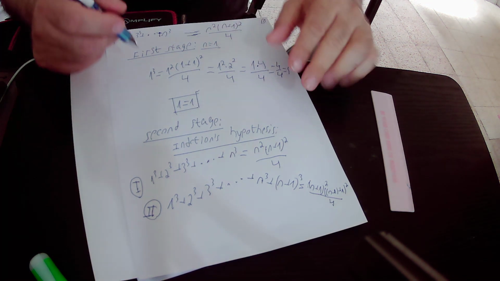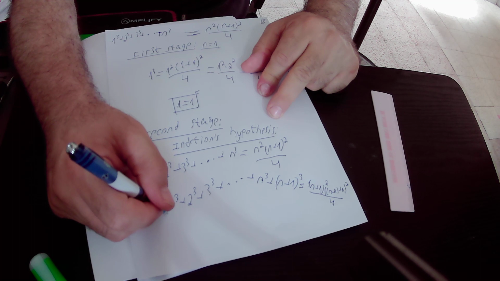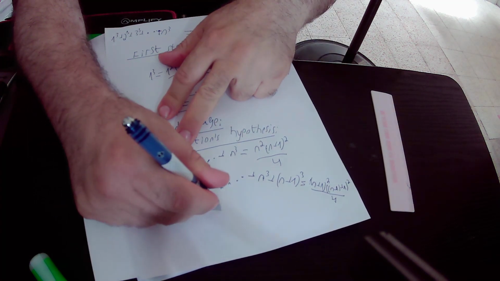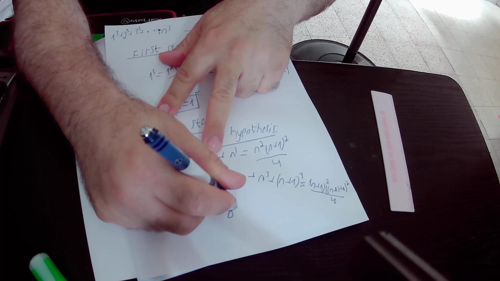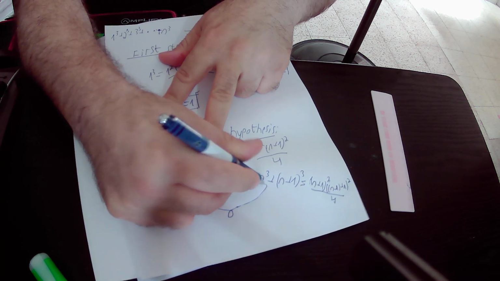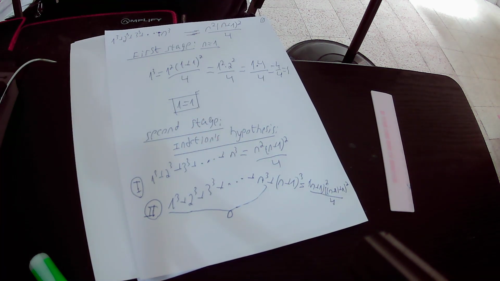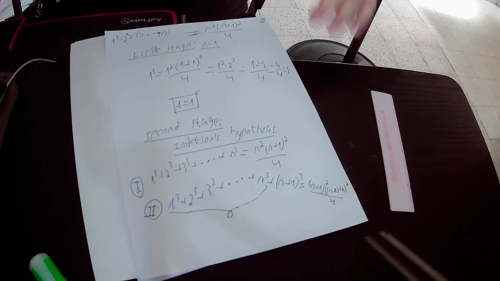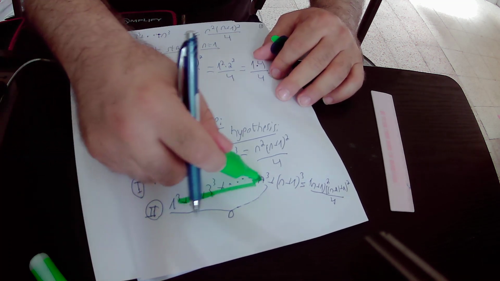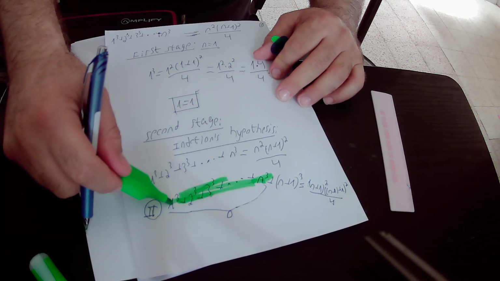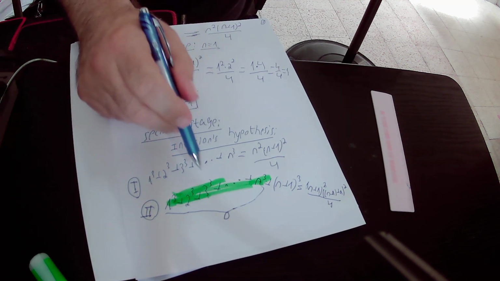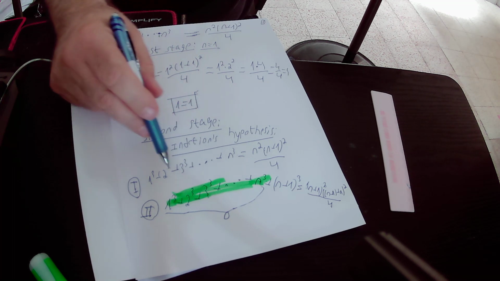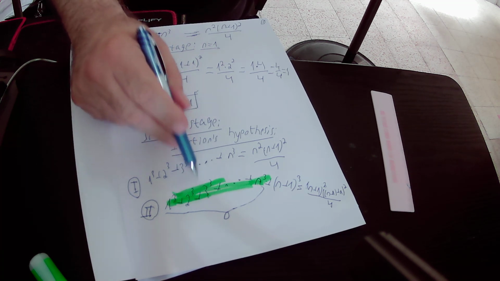So if we look at the second expression, at this part of the expression, this part of the expression actually equals, it is the same, yes? This is the same as this.